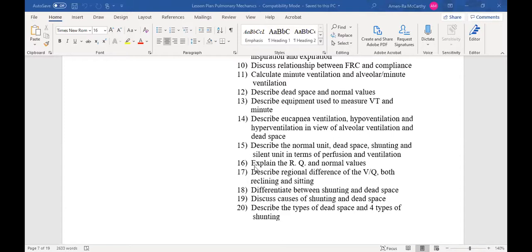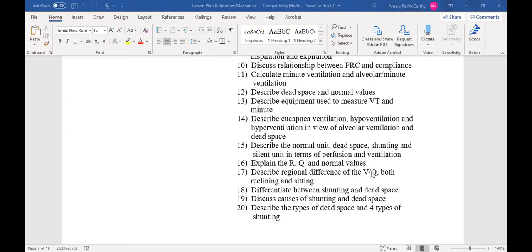All right. I'm going to go over these 20, then we're going to take a break. Explain the RQ, which is respiratory quotient, and the normal value of it. Describe the regional differences of the ventilation to perfusion, both reclining and sitting. Now, VQ is ventilation to perfusion. VQ ratio is the ventilation to perfusion ratio, right?